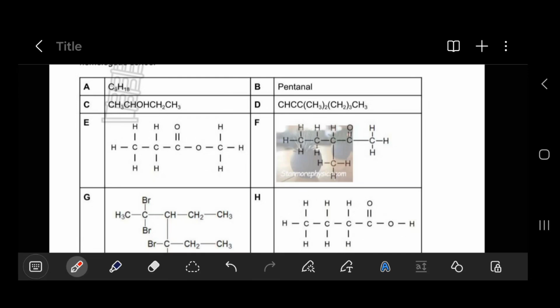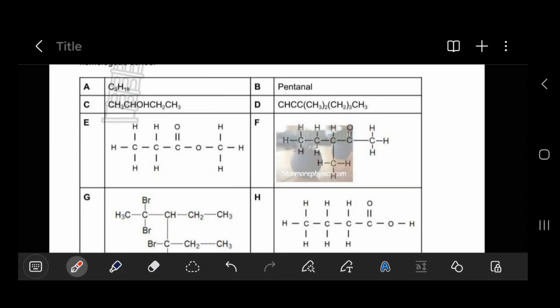Okay, so if we look at A, we've got C9H18. Now, firstly, what we know about A is that it is a hydrocarbon because it contains only carbon and hydrogen. So it is either going to be an alkane, alkene, or alkyne. However, when we look at the subscripts, the 9 and the 18, there are 9 carbons and 18 hydrogens.